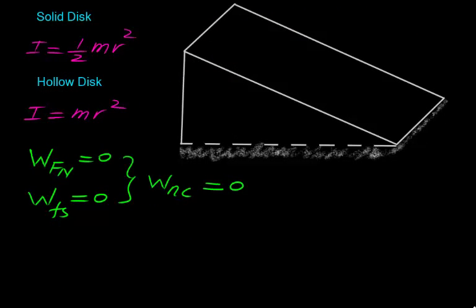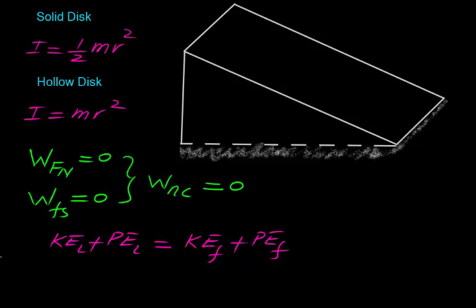This condition allows us to use the conservation of energy principle, where the kinetic energy initial plus the potential energy initial, which is the top of the incline, is going to equal the kinetic energy final plus the potential energy final, which is going to be the bottom of the incline.